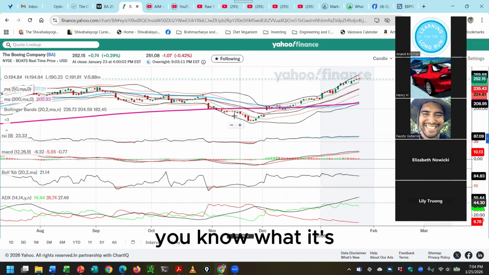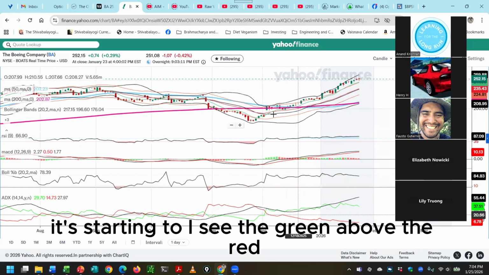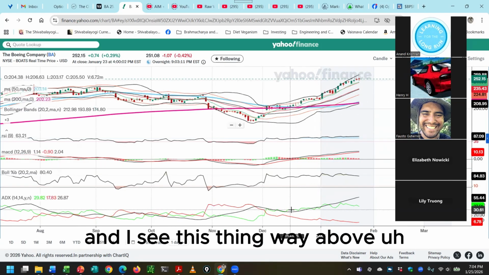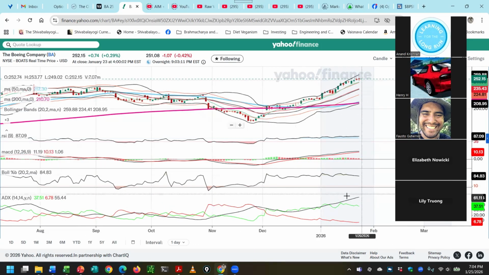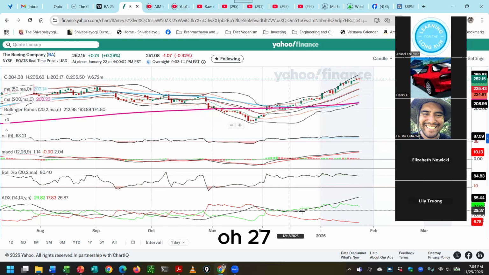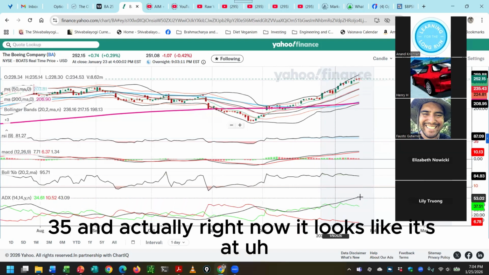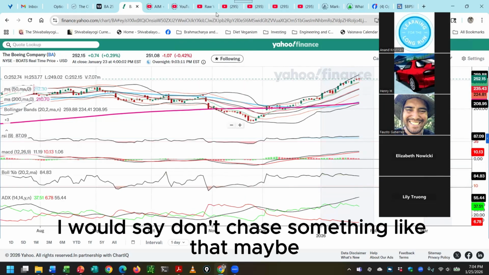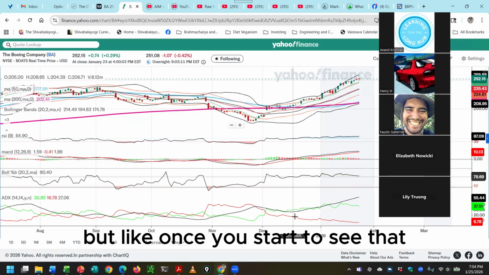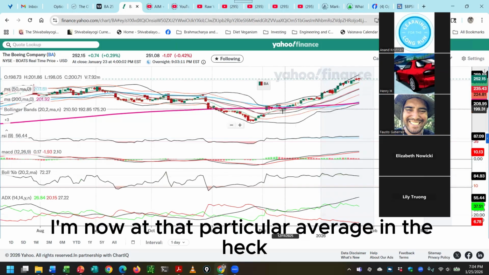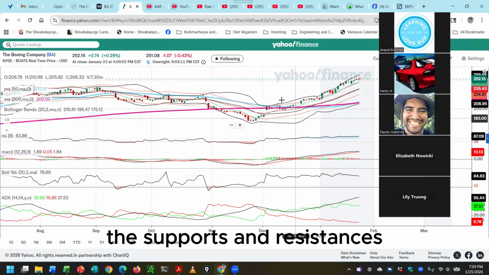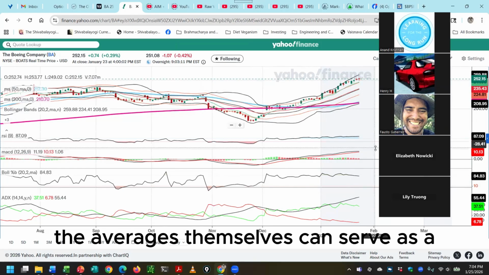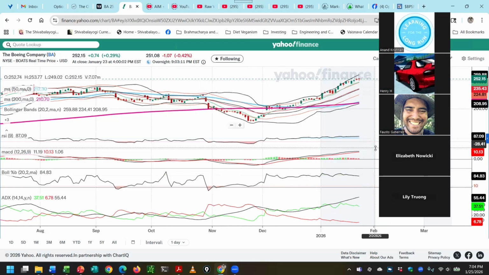I see the green above the red, and I see this thing way above, going 27, 28, 30, 35, and actually right now it looks like it's at 55. That's kind of wild. I would say don't chase something like that, but once you see that you're now at that particular average, and heck, you don't even need to draw the supports and resistances. The averages themselves can serve as support and resistance, right?